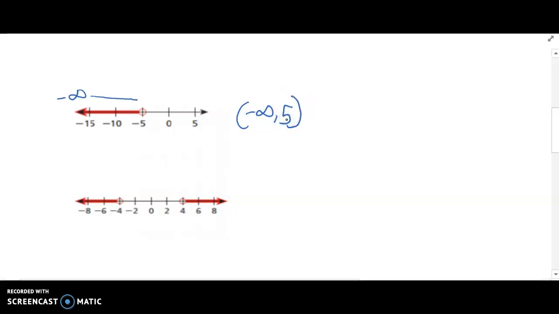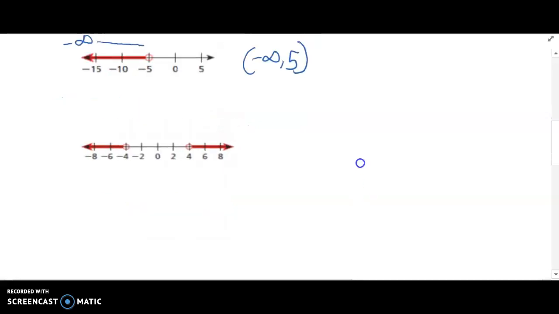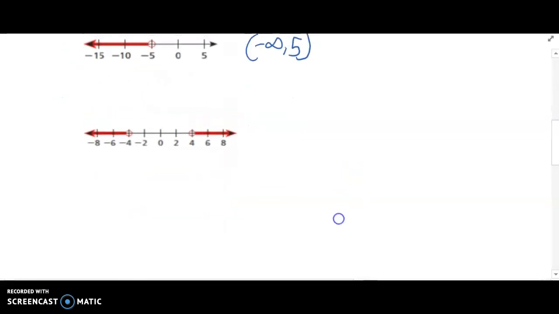Parentheses do not include the 5. Okay, on this one, we kind of have two things going on. So let's analyze it. I've got negative infinity all the way to the left up until negative 4. And then we don't want any of this. And then it picks back up at positive 4 and keeps going all the way to infinity.